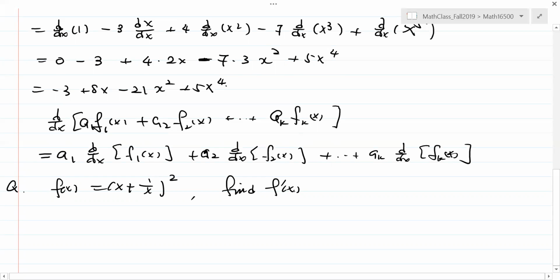So this is a square. x plus 1/x is the sum of two power functions, because 1/x is x to the negative 1. So it's a power function.